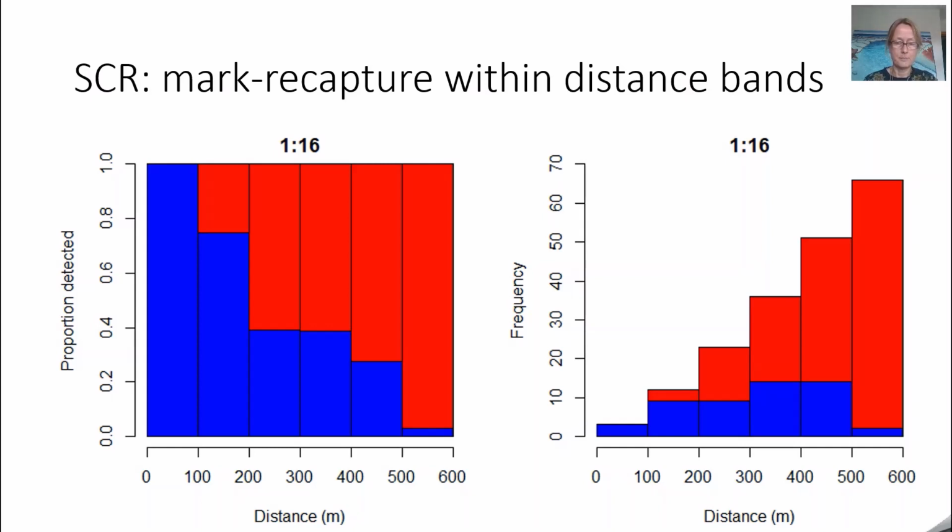In the second distance bin, we had 9 successes and 3 failures. So the proportion of successes was 9 out of 12, which is 0.75, and so on. This way we obtain the shape of the detection function and are able to estimate the parameters G0 and sigma.